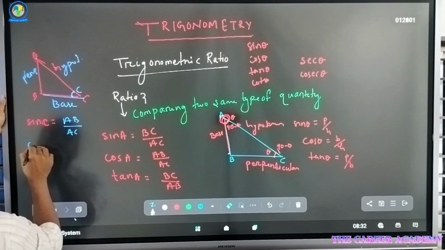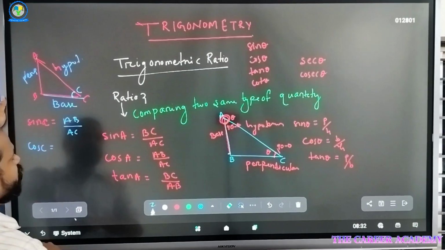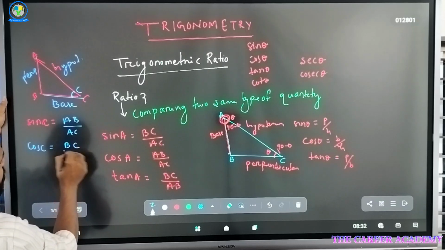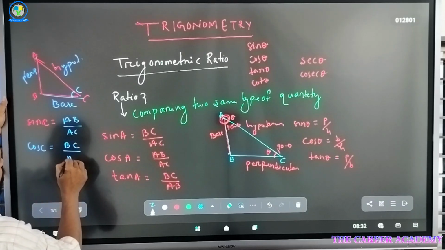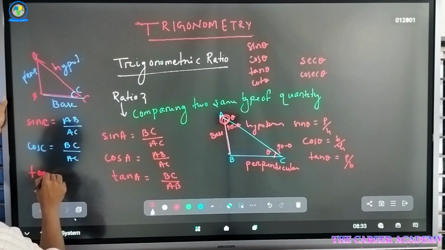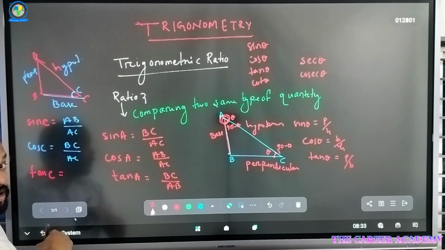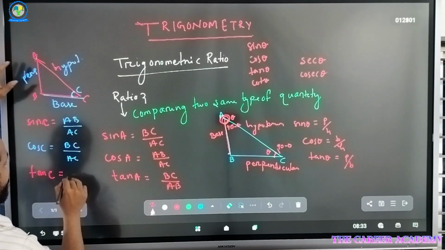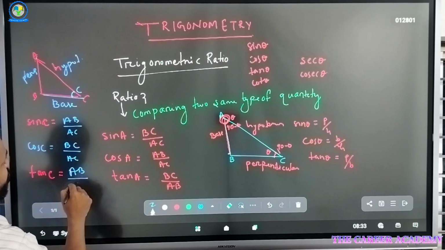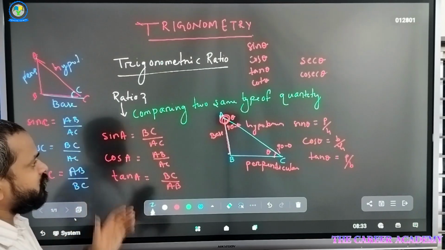If you take cos C, it is base upon hypotenuse. BC is the base, so BC upon AC. And if you take tan C, it is perpendicular upon base. Perpendicular is AB upon BC. Clear? We understood this concept.